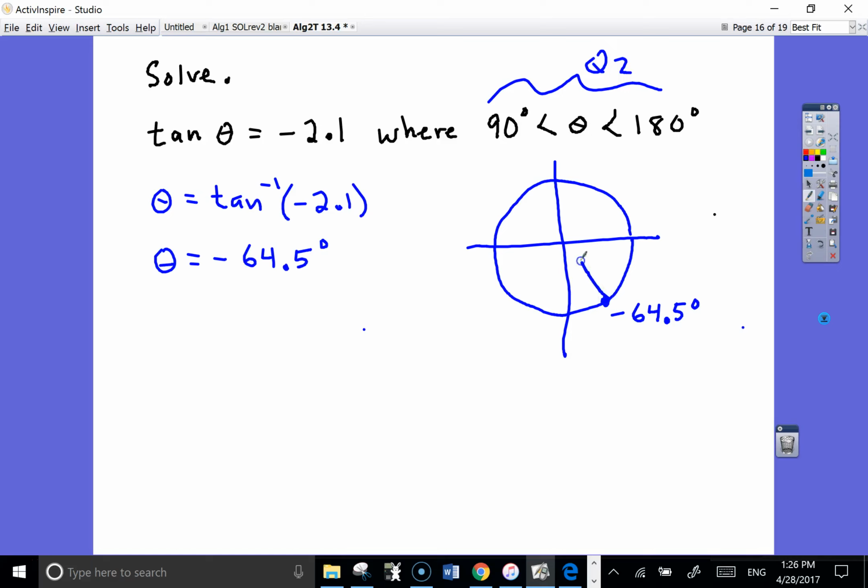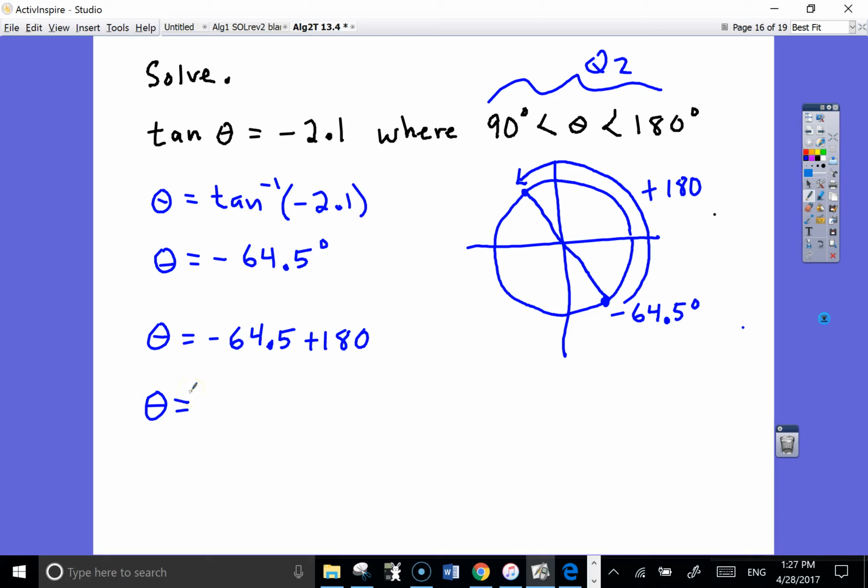If you add 180 degrees, that takes you exactly across the circle. And that gives 115.5.